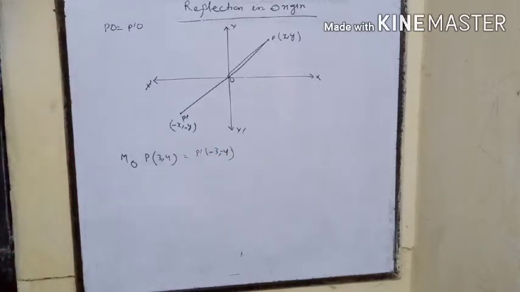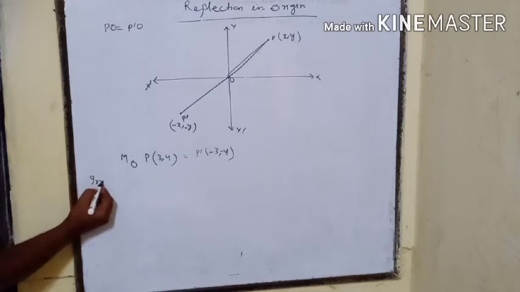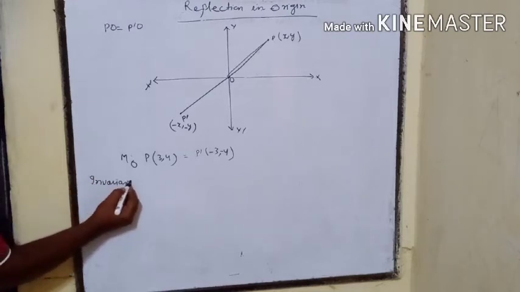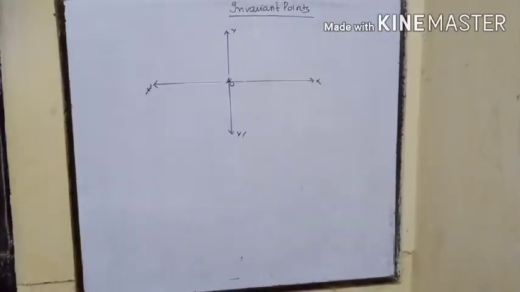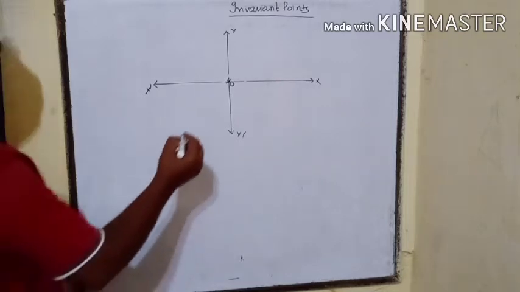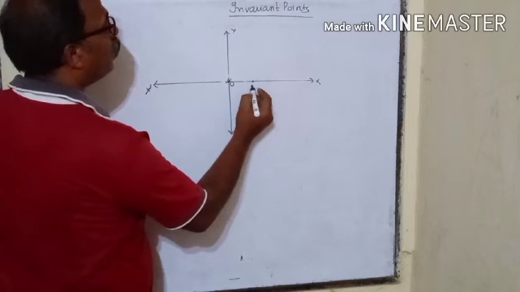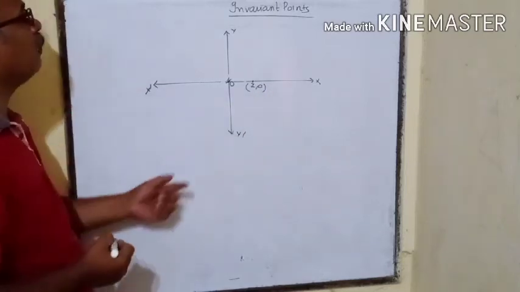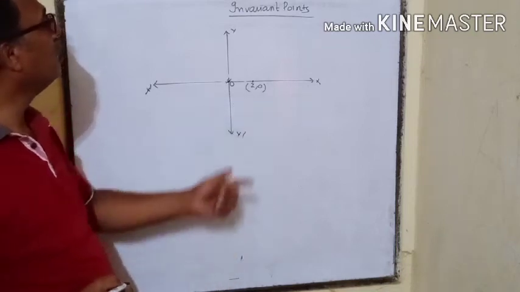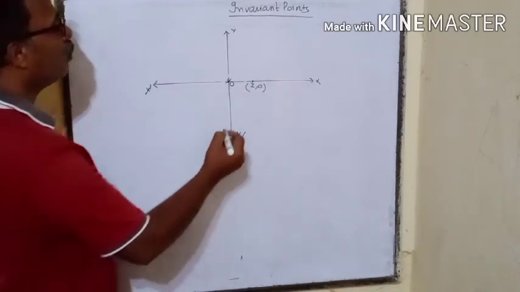Now we'll talk about invariant points. Invariant points are those points whose reflection in x-axis, or reflection in y-axis, or reflection in origin remains unchanged. For example, if a point lies on the x-axis, its coordinate is (x, 0), and we have to see its reflection in the x-axis.